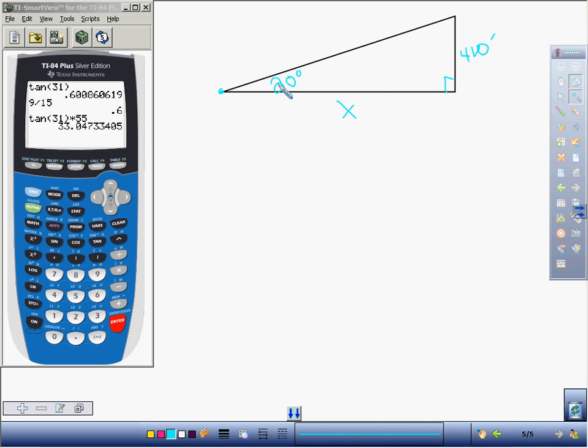From this angle 20, what side is this? Opposite, adjacent, or hypotenuse? That's the opposite. What side is this? Adjacent. So which of my three trig ratios will deal with opposite and adjacent? Tangent. So what I'm going to write is that the tangent of 20 degrees is 410 over x.